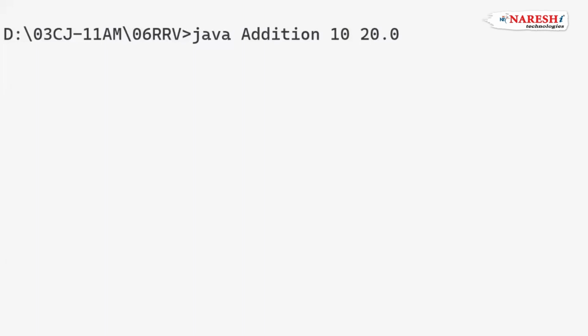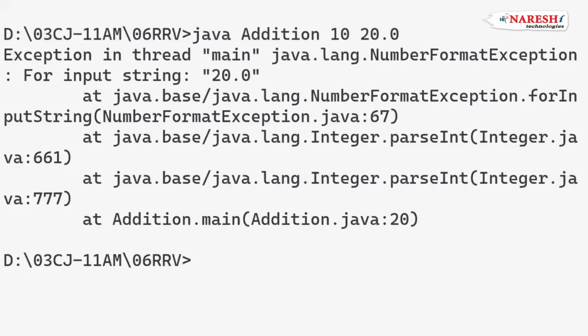Is 20.0 in the range of int? No. Then we will get a NumberFormatException for the input string 20.0. Yesterday I told you, when you call a parse method, the string argument must be of that primitive data type, else we get a NumberFormatException.